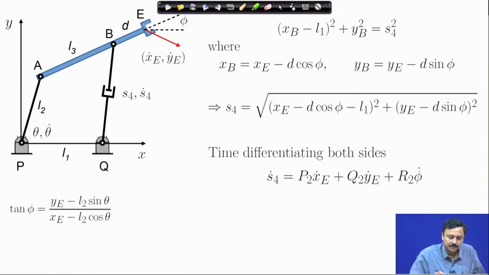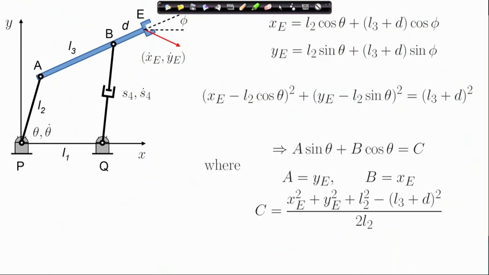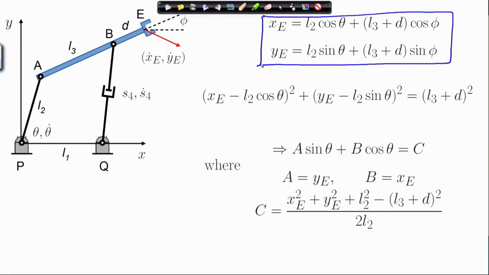So, tangent of this angle comes from the displacement relations that we have looked at before. So, these are the relations. You can find out tangent phi. So, tan phi is equal to ye minus L2 sin theta by xe minus L2 cosine theta.